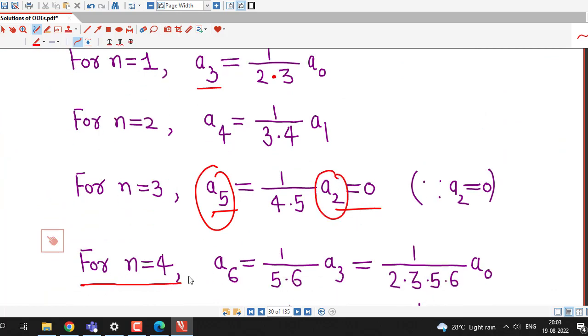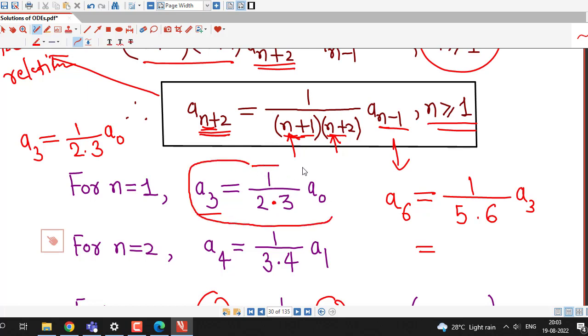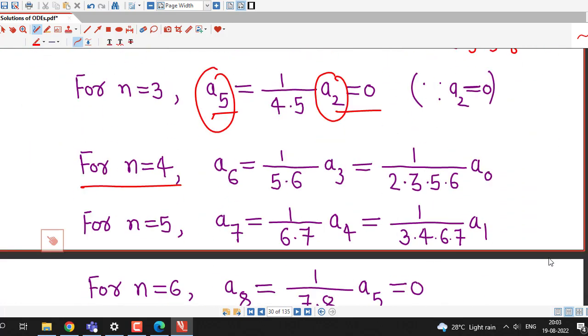Then we consider n equal to 4. So for n equal to 4, we have a6. So 4 plus 1 is 5, 4 plus 2 is 6, and n is 4. So we have a3, and a3 is 1 over 2 into 3 into a0. So if we put value of a3 here, we have 1 over 2 into 3 into 5 into 6 into a0. So we obtain a6 in terms of a0.